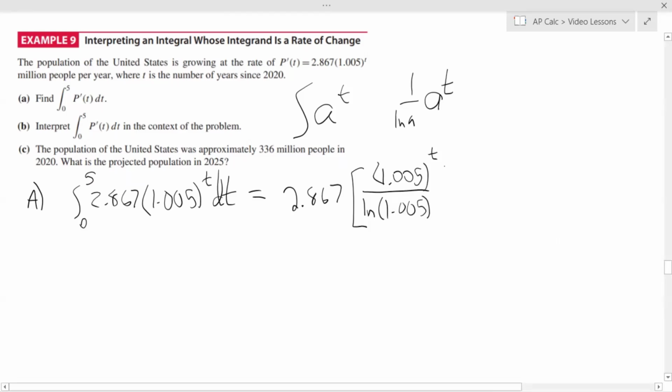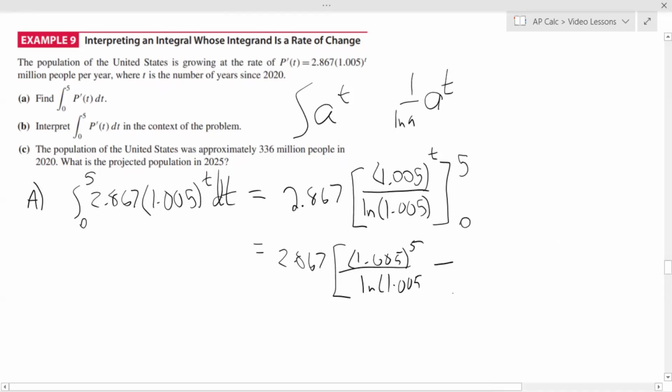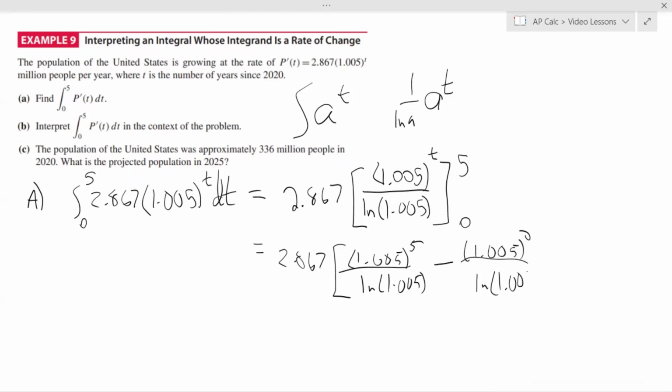Now, obviously, you can't cancel those 1.005s because one's being raised to the t power and the other one is inside the natural log. We're going to plug in 5 and 0. So 2.867 times 1.005 to the 5th over natural log 1.005 minus 1.005 to the 0 over natural log 1.005.